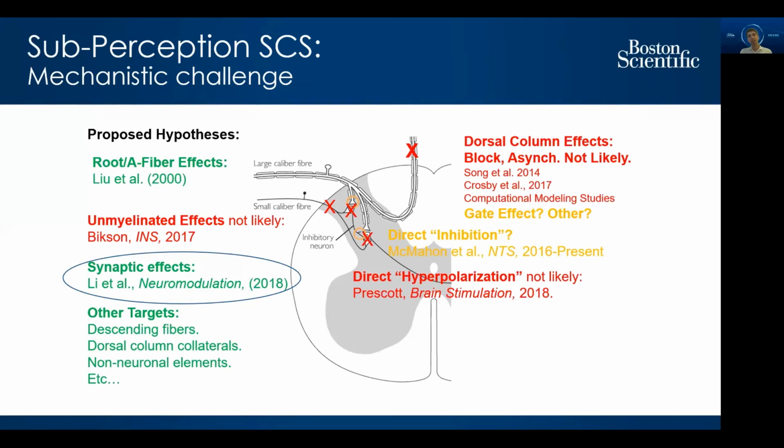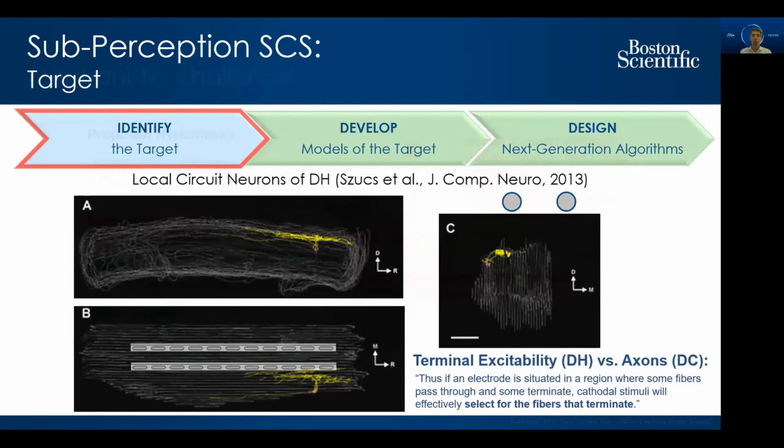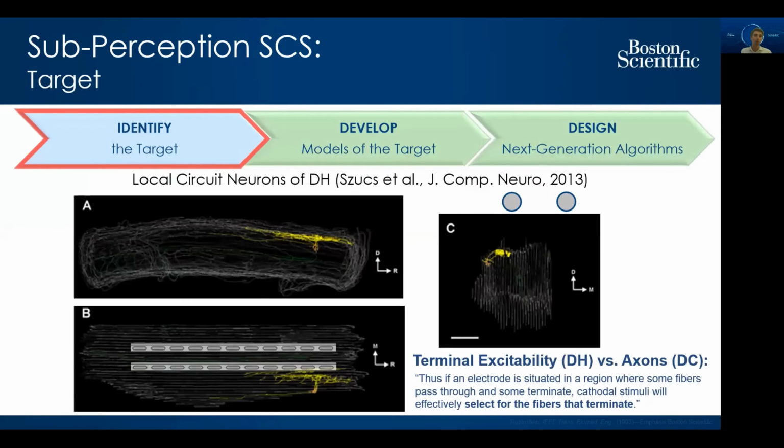A particularly interesting target that has emerged to us based on those observations are a population of superficial inhibitory interneurons represented in yellow on this slide. And something of interest to us is that these inhibitory interneurons are distinctively oriented rostrocaudally. Their dendrites and terminals also end segmentally.